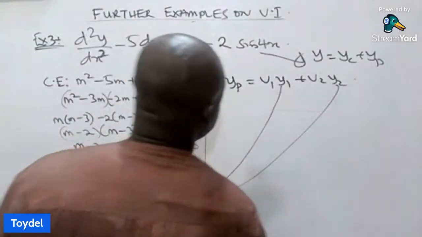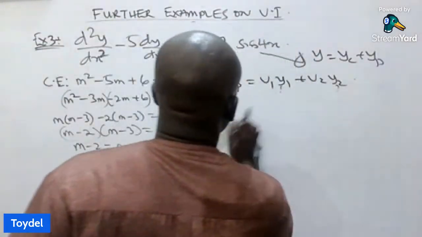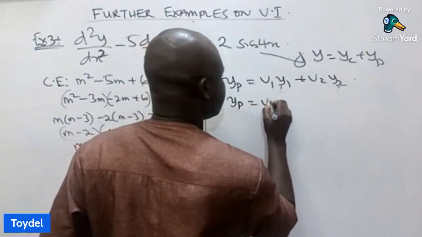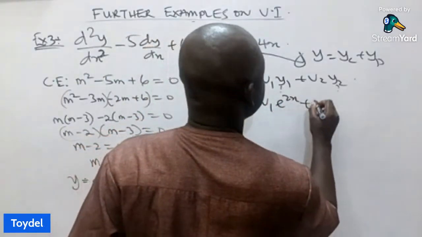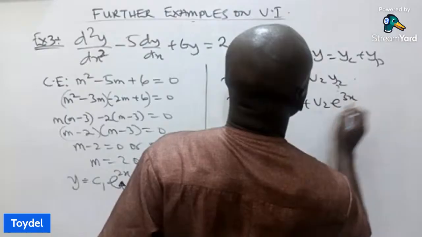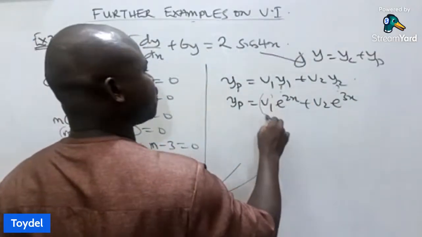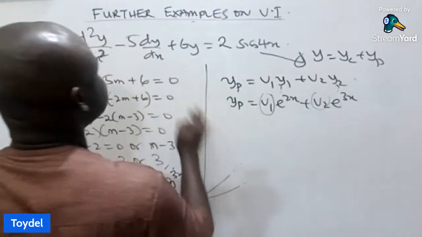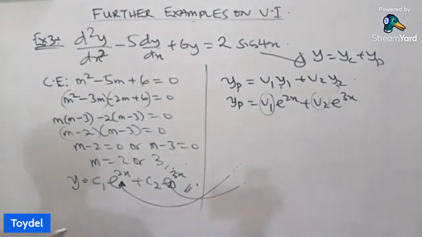So in this case, yp is equal to v1 e^(2x) plus v2 e^(3x). So we go ahead and find the values of v1 and v2. How do we do that? We resolve this into a system of linear equations.